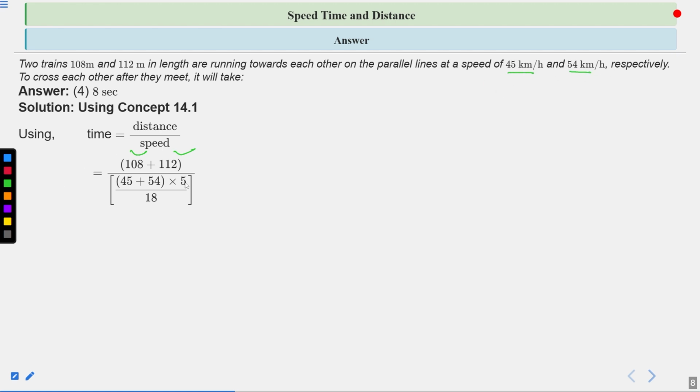So multiplying by 5 by 18, we get the speed in meters per second. So this will be our time, distance upon speed. So it will become 220 upon 99 into 5 by 18. So when we simplify it, we get 8 seconds. So the fourth one is the correct answer of this question. Next one.